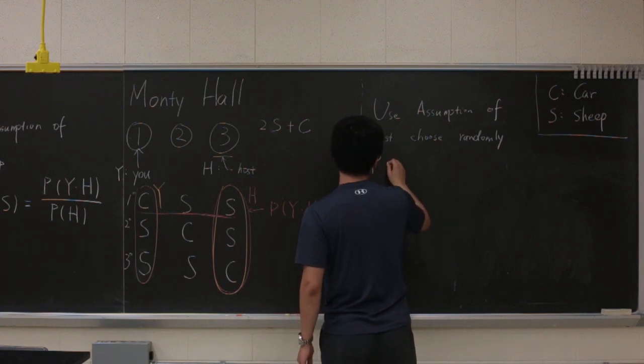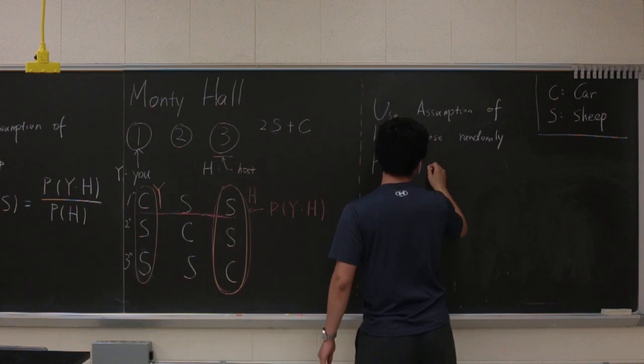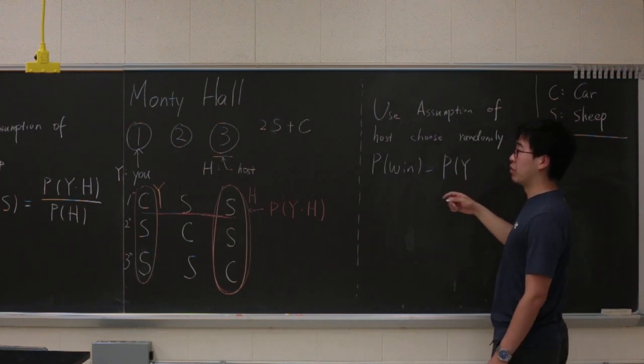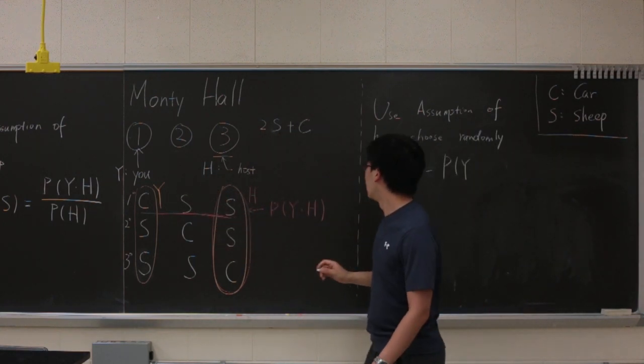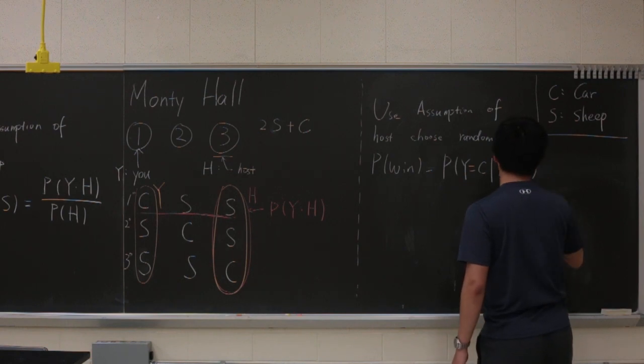So the probability of winning if we do not switch is the probability of Y, where Y stands for you and H stands for host: you get a car under the condition of the host getting a sheep.